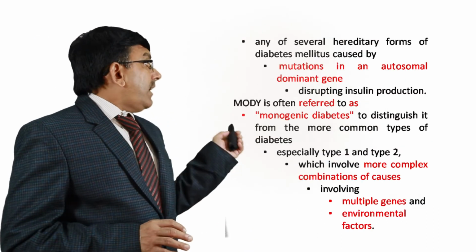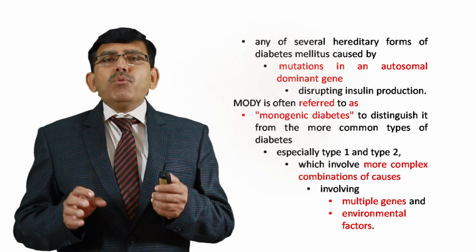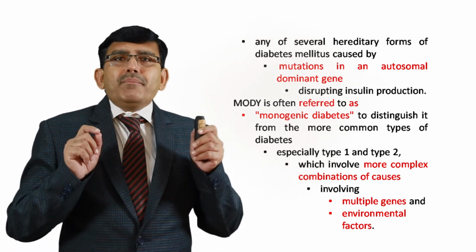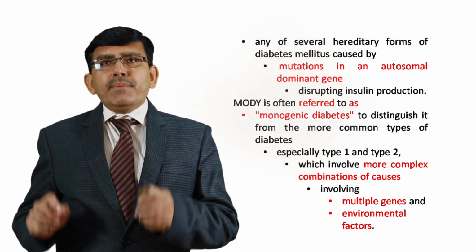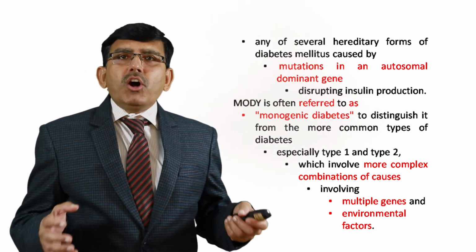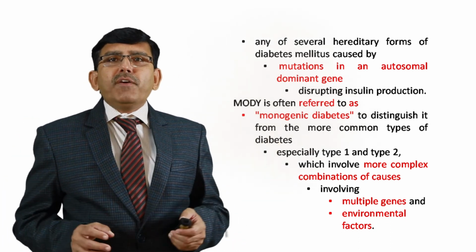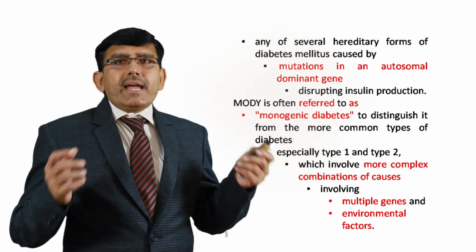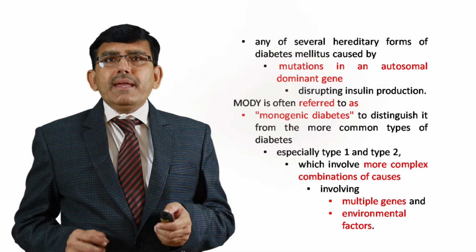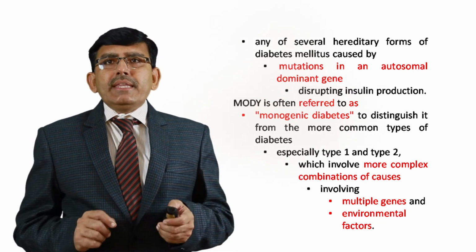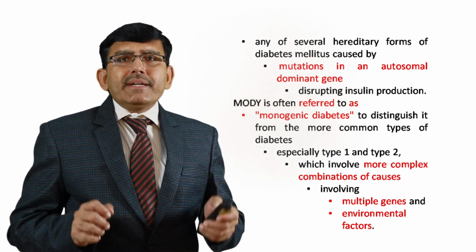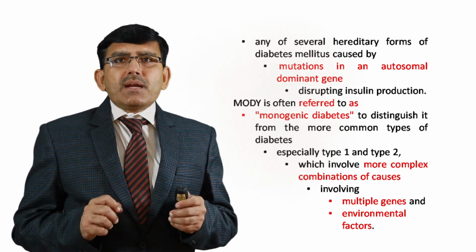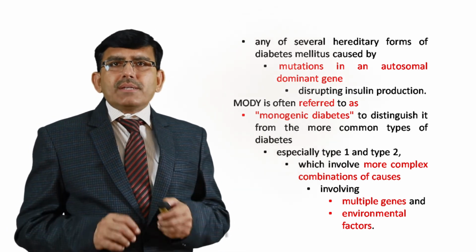The next type is MODY, maturity onset diabetes, and it is for young subjects. It refers to any severe hereditary diabetes mellitus caused by a mutation in an autosomal dominant gene disrupting the insulin production process.